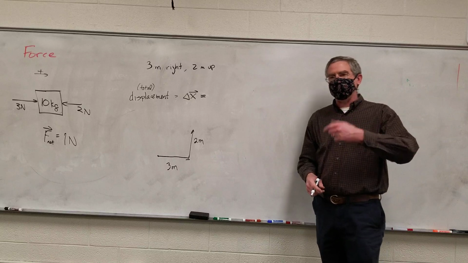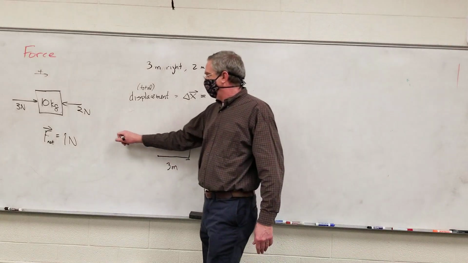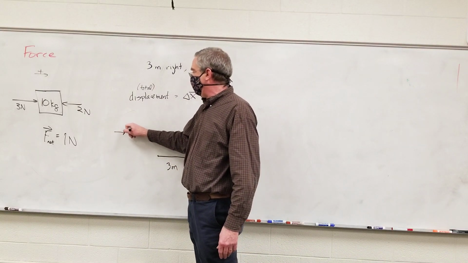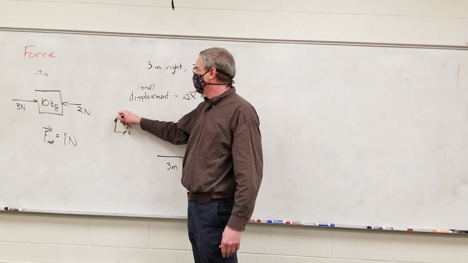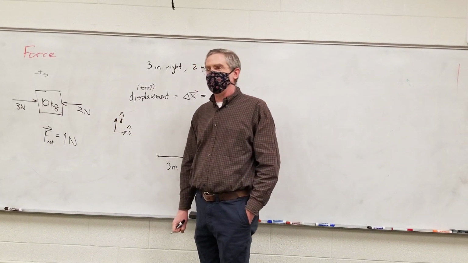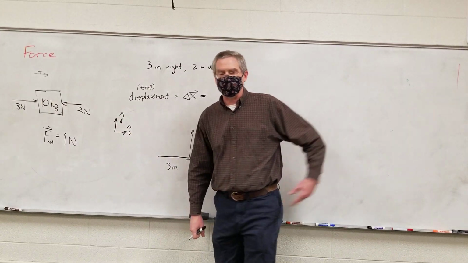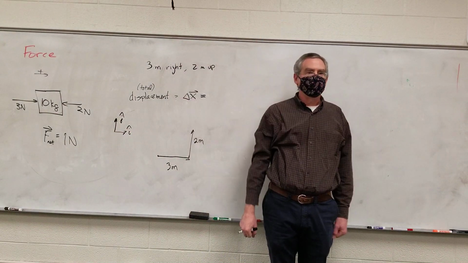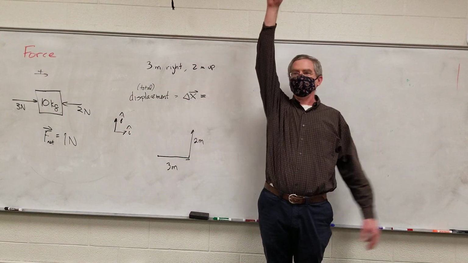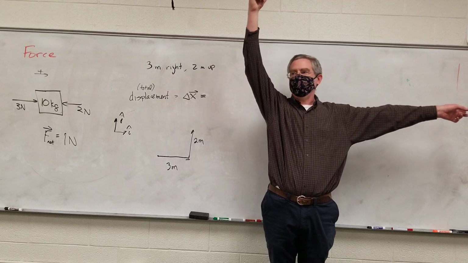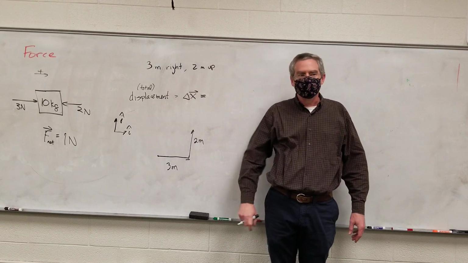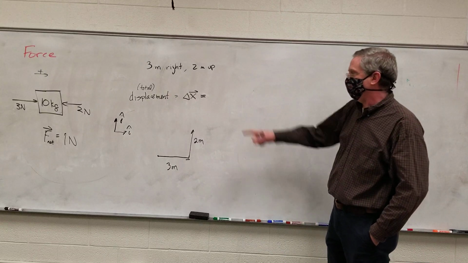But I am going to bring in my unit vectors. I'm going to say to the right is my i hat, and up is j hat. I'm defining my directions: i hat's this way, j hat's that way. If you want i hat up and j hat the other way, sure, why not? But I've defined it this way.